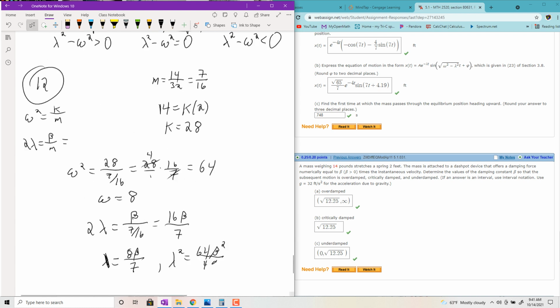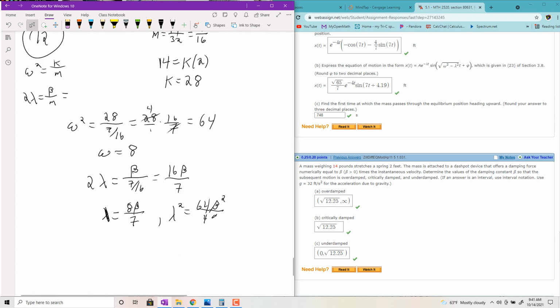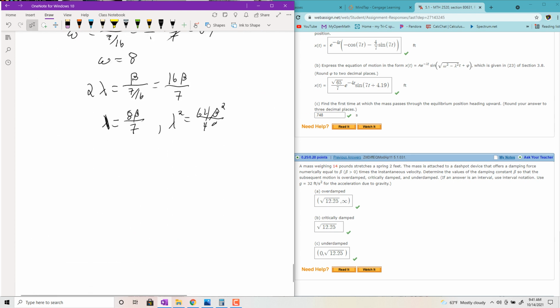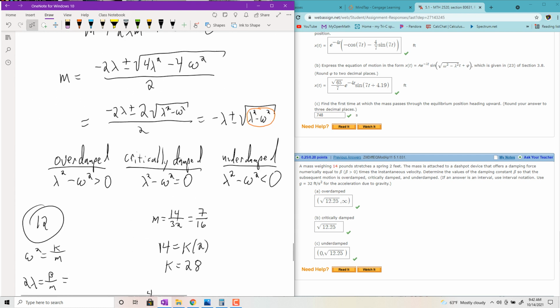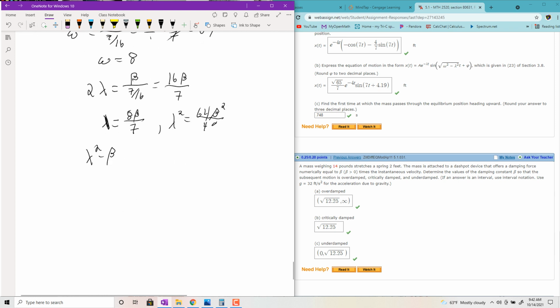Then lambda squared minus omega squared is going to equal 64 beta squared all over 49 minus 64.